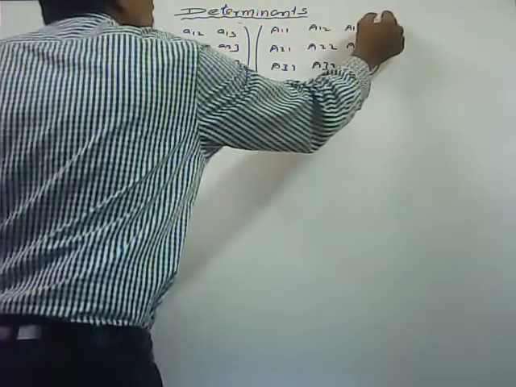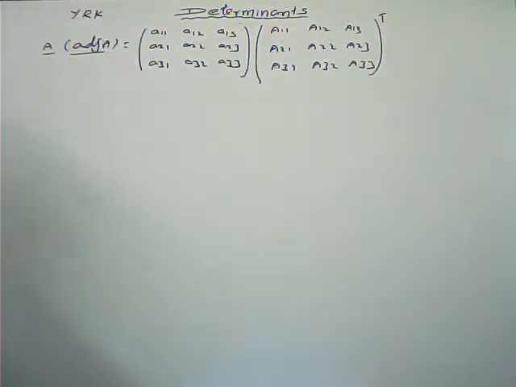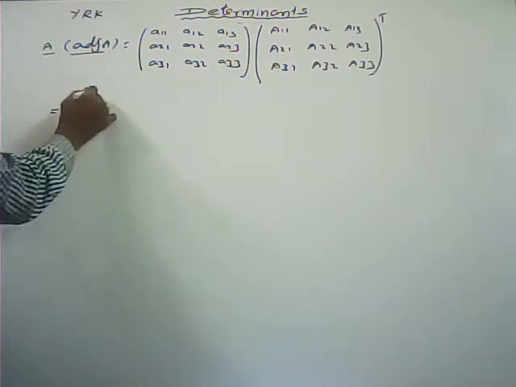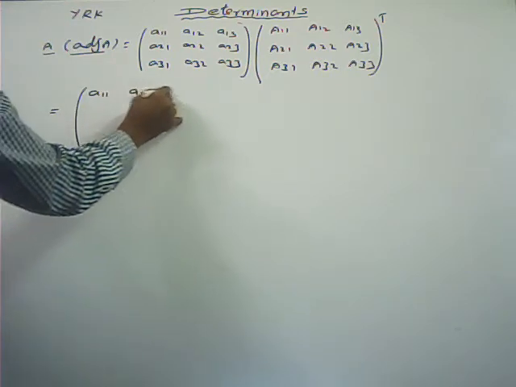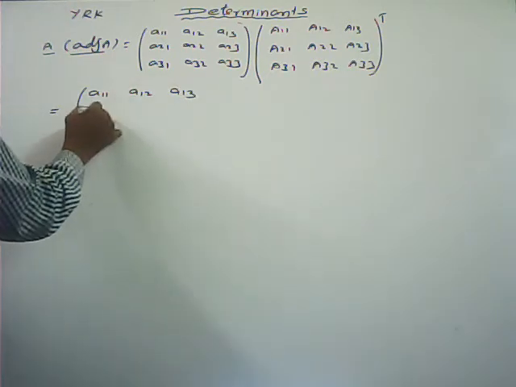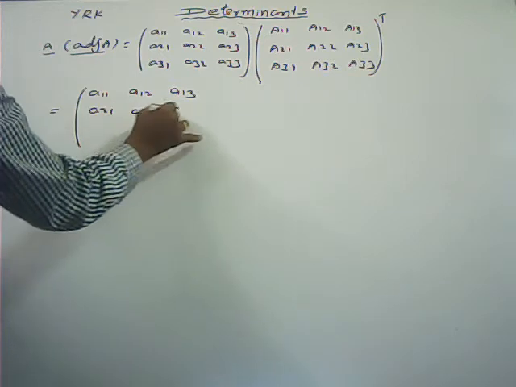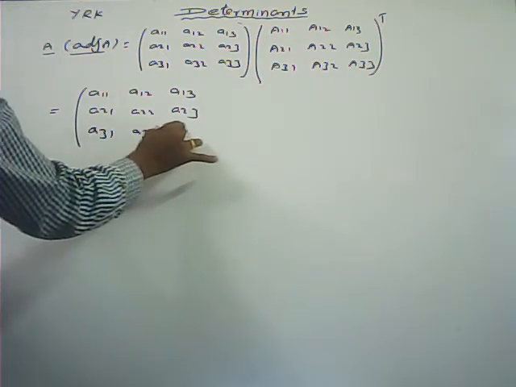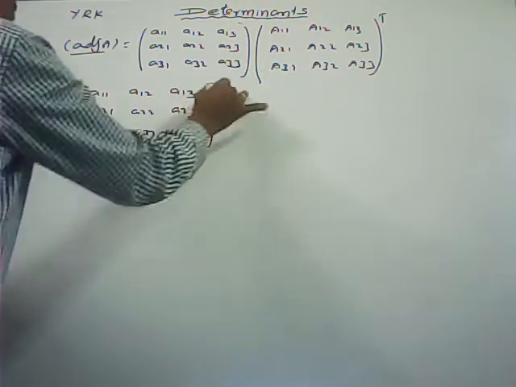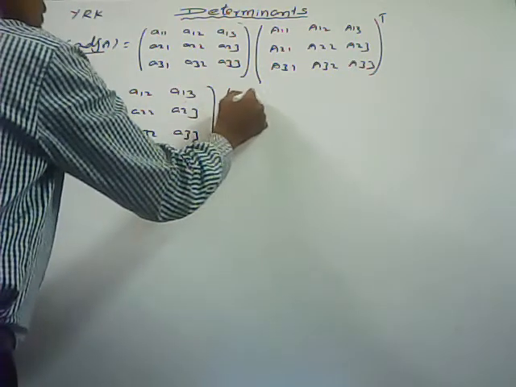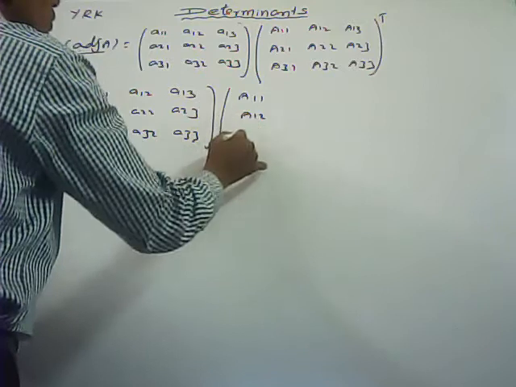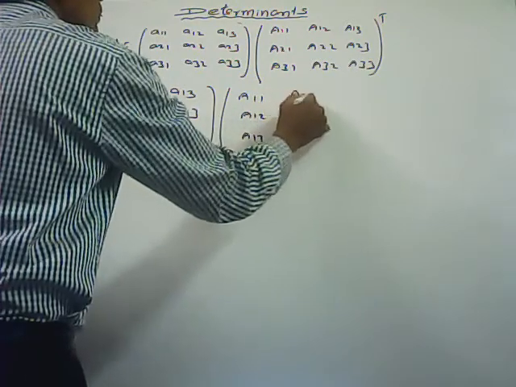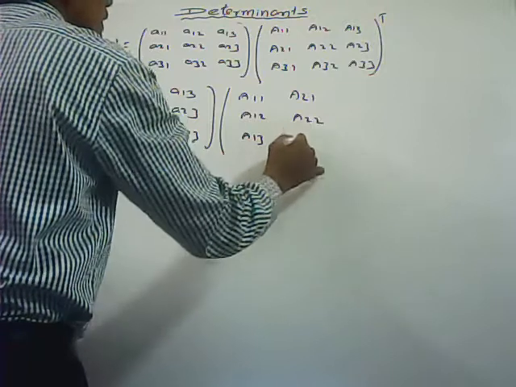Now transpose it, then only we say it is the adjoint of A. That is equal to a11, a12, a13, a21, a22, a23, a31, a32, a33 into the transpose of that, where the first row becomes the first column and the second row becomes the second column.